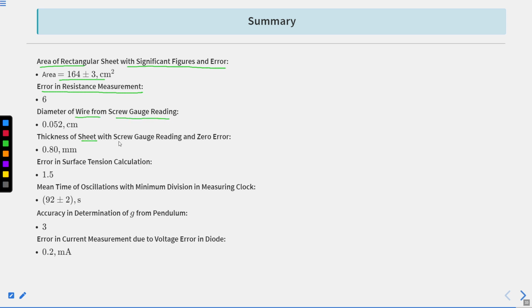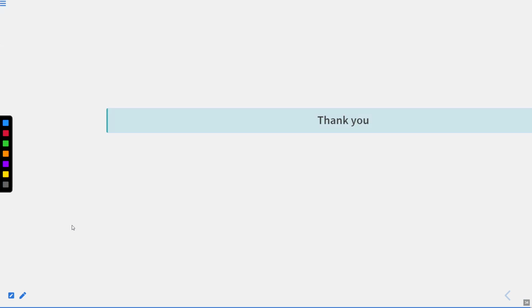Thickness of sheet with screw gauge reading and zero error. Error in surface tension calculation and mean time of oscillations with minimum division of the measuring clock. And accuracy in determination of G from a simple pendulum. And an error in current measurement due to voltage error in a diode. So today we learned these topics. Clear? Thank you.